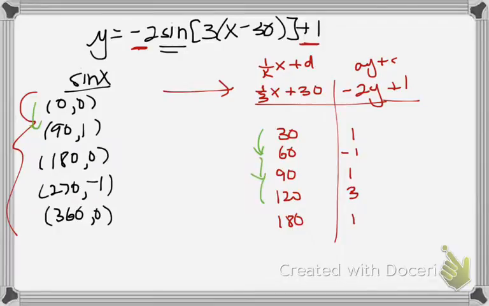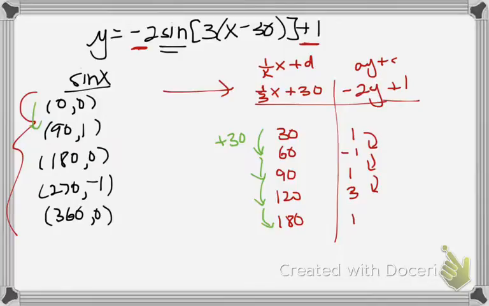So you're going to actually notice a pattern with the x's in our transform function, just like the x's in our parent function. And what we're doing is we're adding 30. So this is nice because it allows us to extend for additional values if we'd like to keep going on our graph. So if I keep adding 30 and I keep repeating these y values, I can actually extend as many cycles as I want.